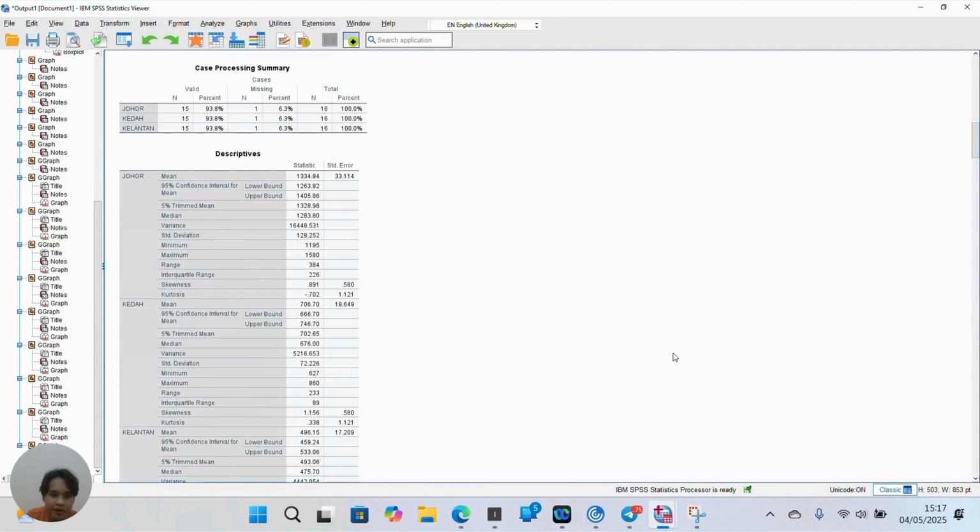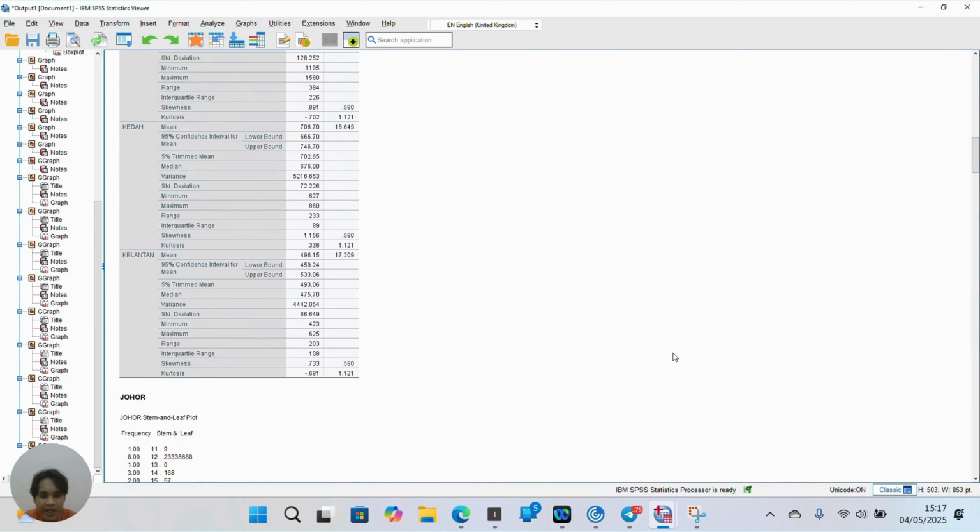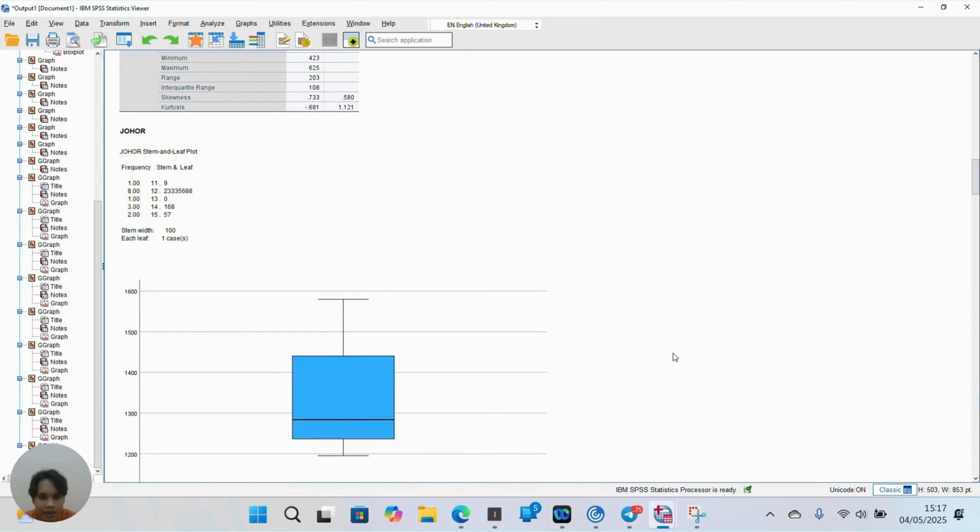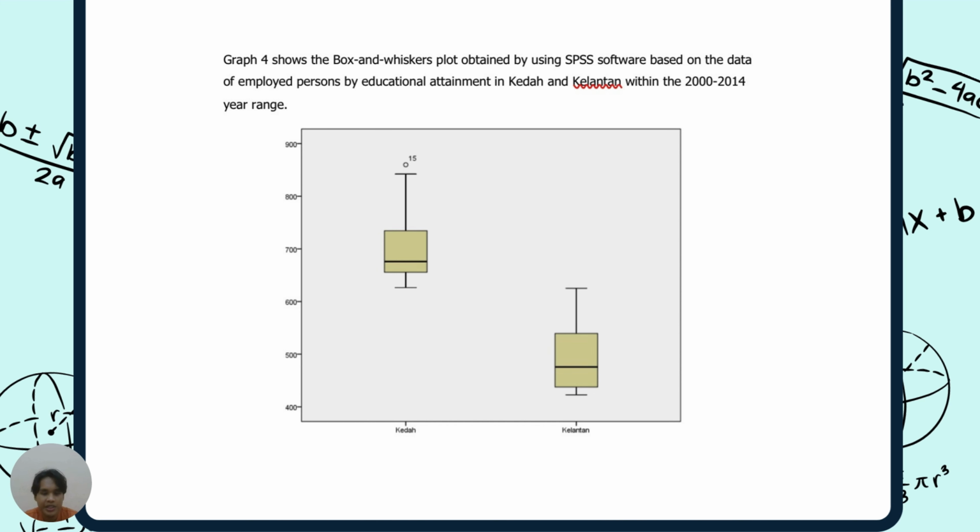Okay, moving on to our next part, which is comparing the two box and whisker plots, which we obtain by using SPSS software, showing the employed person educational attainment in Kedah and Kelantan. To compare these both, we can see that Kedah, the left one, shows a higher median, and possibly a wider range of employment based on educational attainment compared to Kelantan.